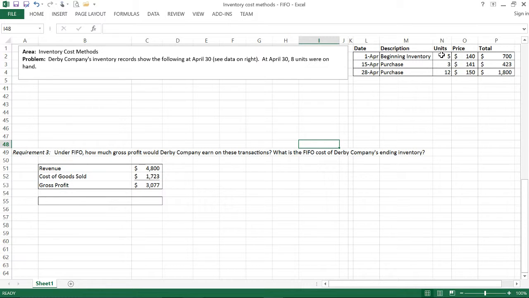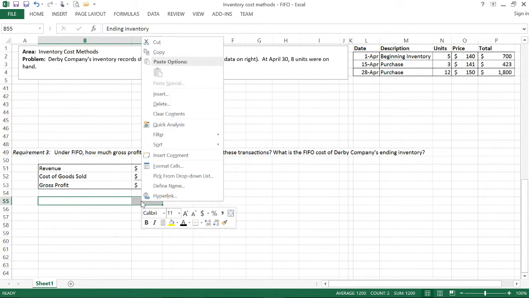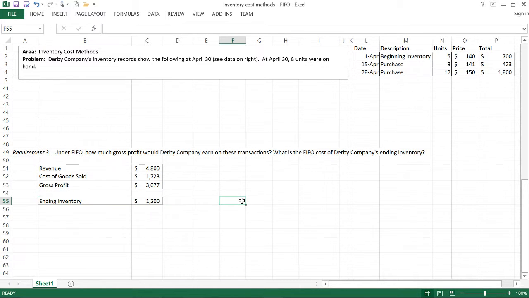So remember, when we sold them, we took out these 8 plus 4 out of here, so that leaves us 8 units here at $150 per unit, and that gives us our ending inventory amount of $1,200.